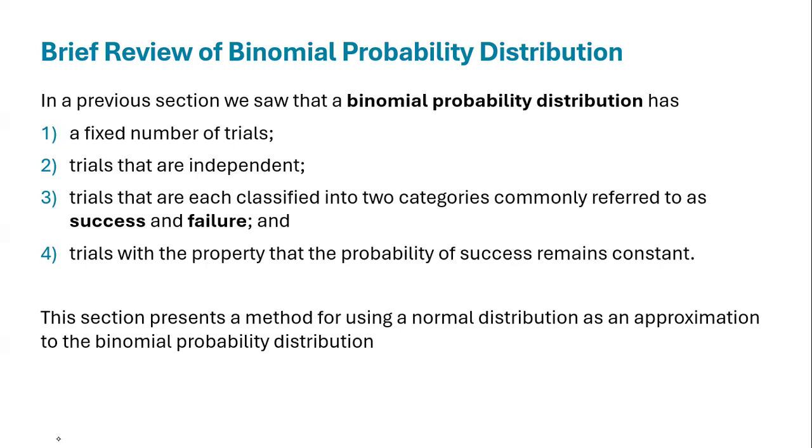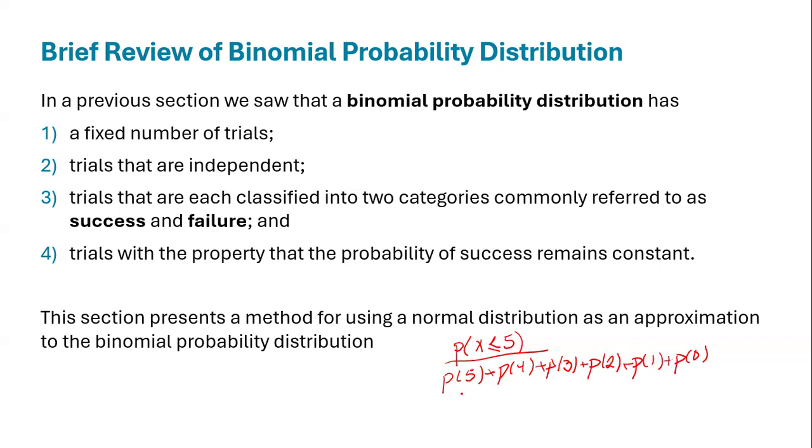If we were supposed to find, for example, the probability of x less than or equal to 5, all of the numbers less than or equal to 5 are 5, 4, 3, 2, 1, and 0. We would find all of these probabilities and then add them together to find the probability when x is less than or equal to 5.